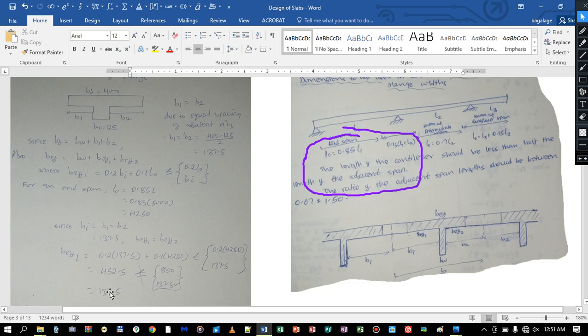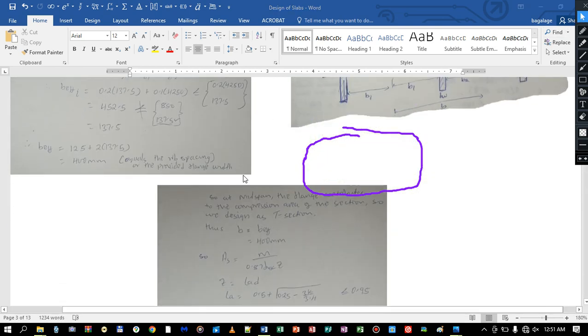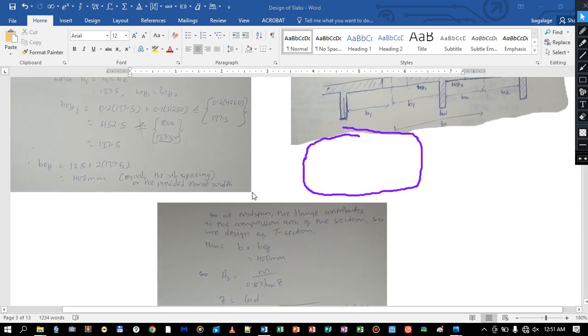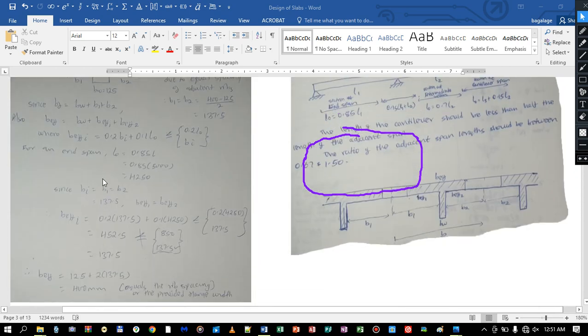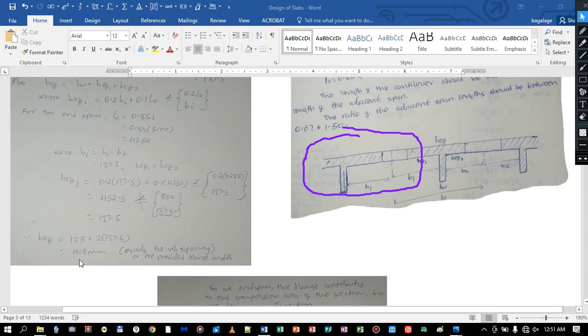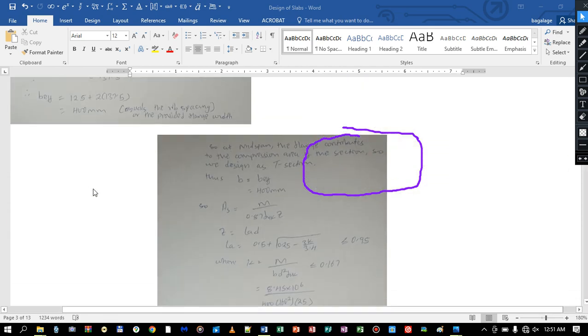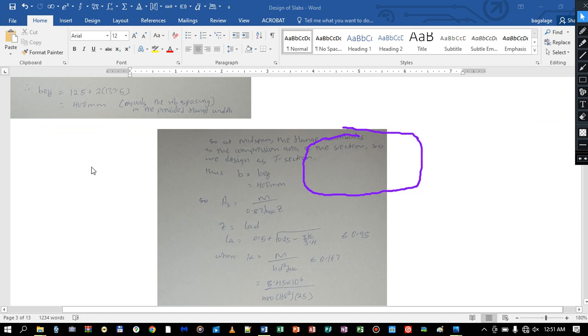So our effective flange width will be the width of the rib plus 2 times that, which takes us back to 400. Which means the provided width is the effective width of the flange.